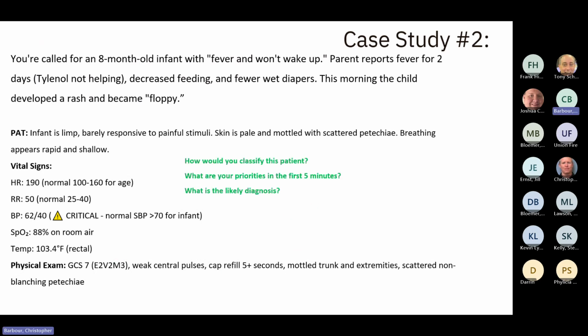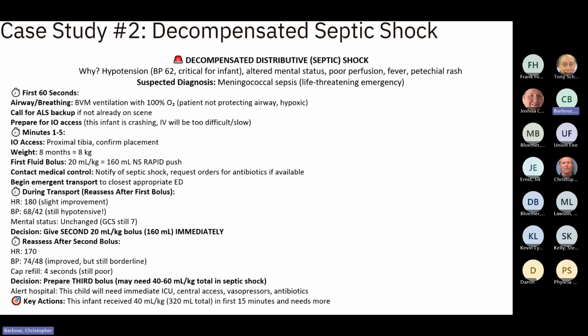I would not be very thrilled with this. So yeah, Josh, meningitis is probably what we're going to expect here with that petechial rash. That's the clue. We are definitely going to put this patient on high flow O2 and bag them. If you're not ALS, for our EMTs that may be out there, get ALS moving.